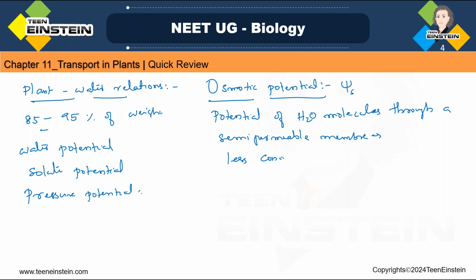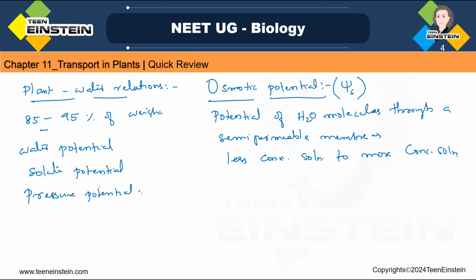That is called osmotic potential, with the symbol psi s. So it is the capacity of water molecules to move through a semi-permeable membrane from a less concentrated solution to a more concentrated solution.